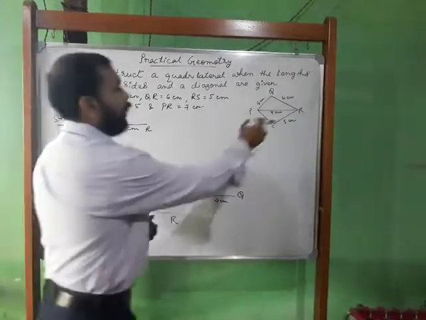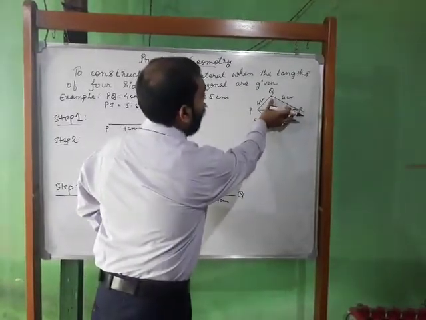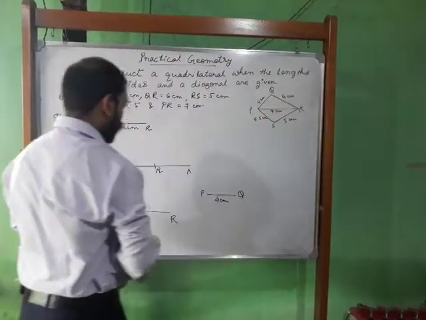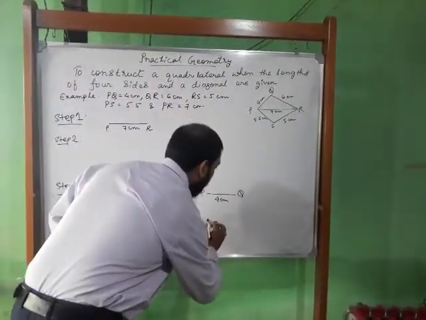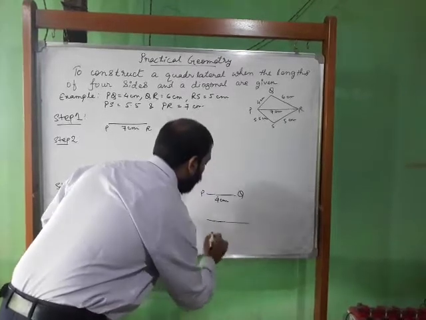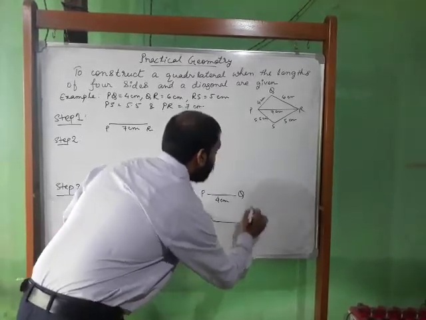Now as you can see QR is 6 cm, so you draw another line segment QR, that is 6 cm.